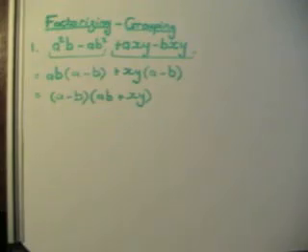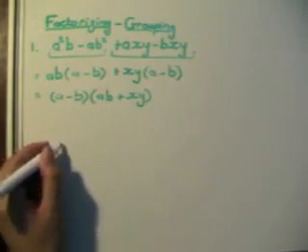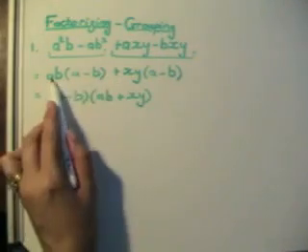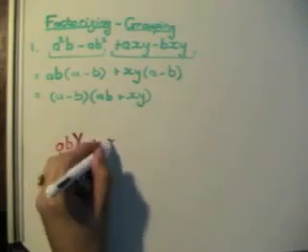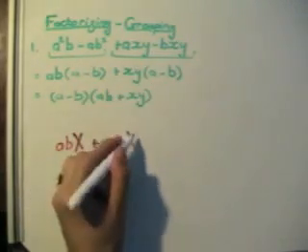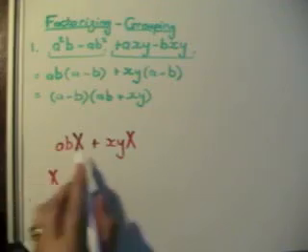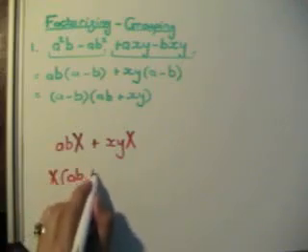Now if you struggle to see taking out a bracket and the rest is left as a common factor, it might be a good idea to replace this bracket with another letter like a big X or a big A. Say for instance I rewrite this as ab times X, plus xy times X, and then if I take out this X as a common factor, I'm left with ab plus xy.